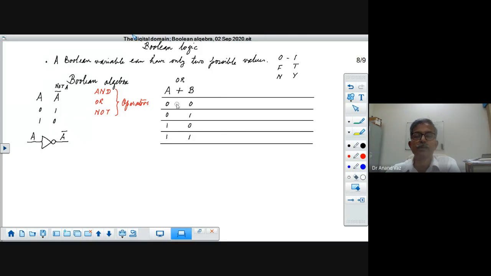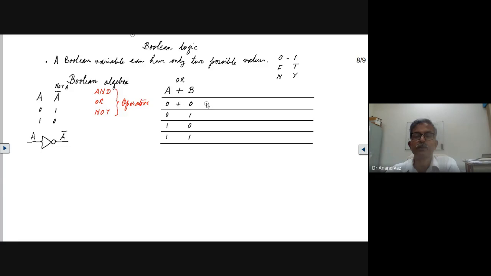So 0 or 0 is 0. Okay. 0 or 1. The answer to this is 1. 1 or 0 is 1. 1 or 1 is also 1. So this is the result of the operation A or B.